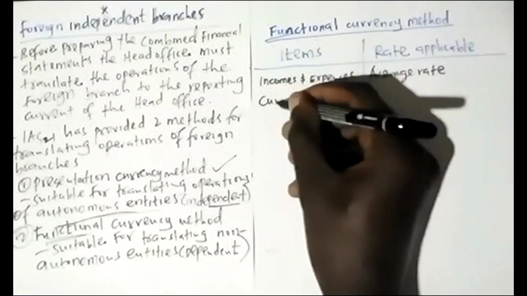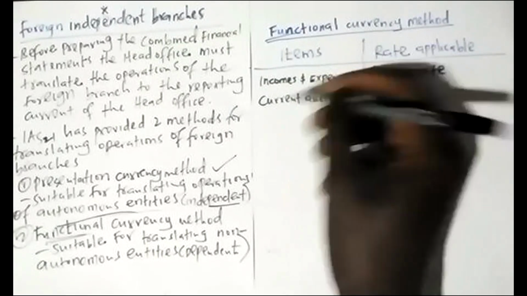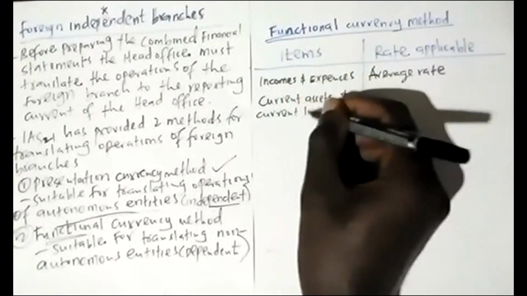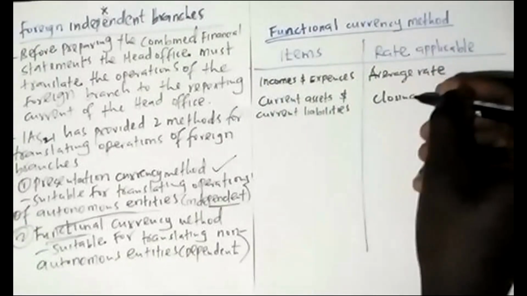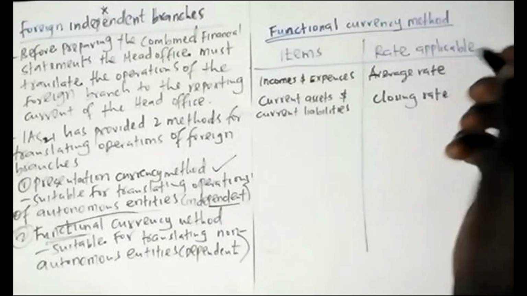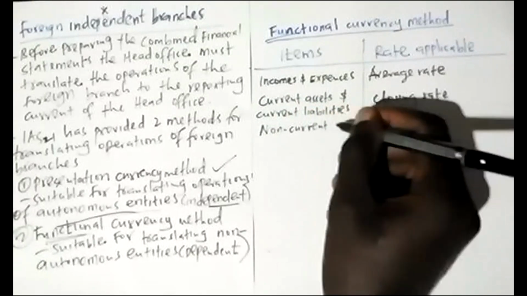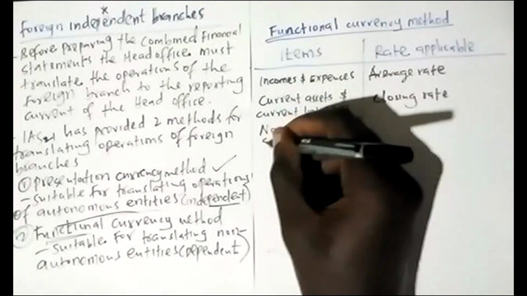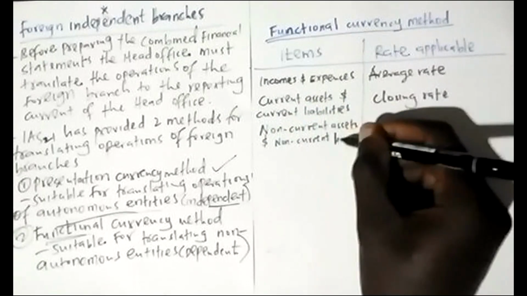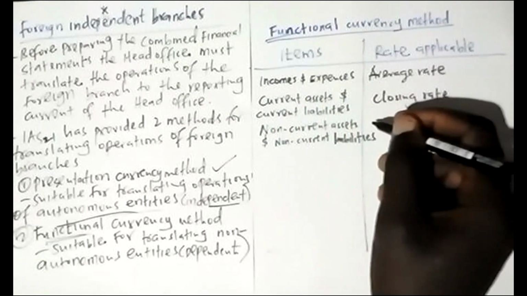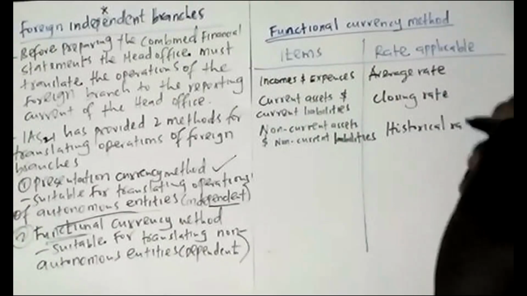Then for current assets and current liabilities, you use the closing rate. For non-current assets and non-current liabilities, use the historical rate.